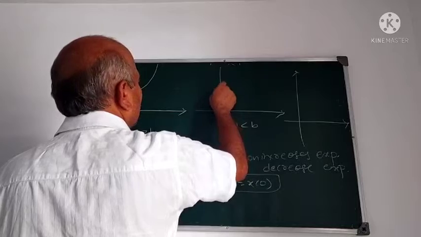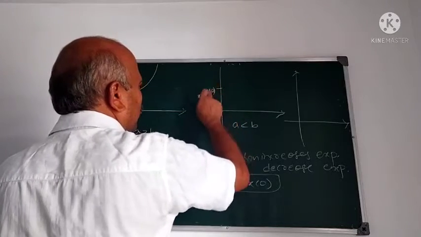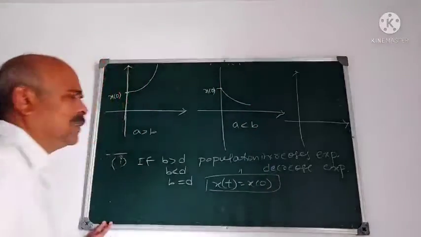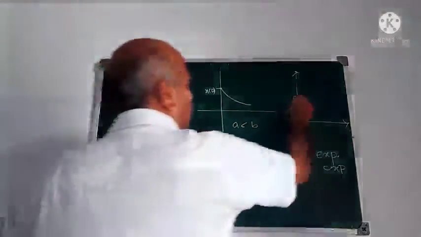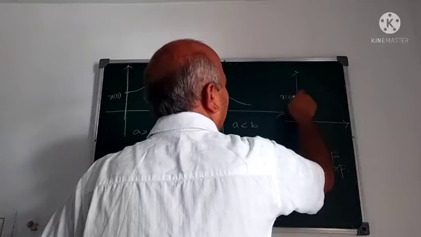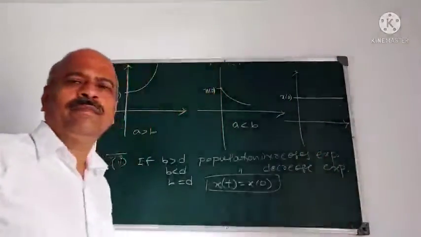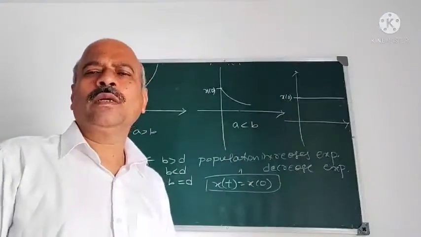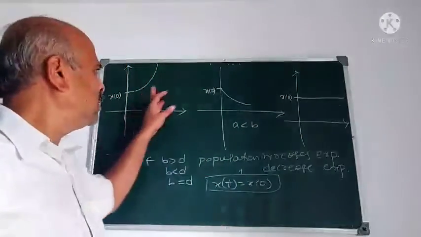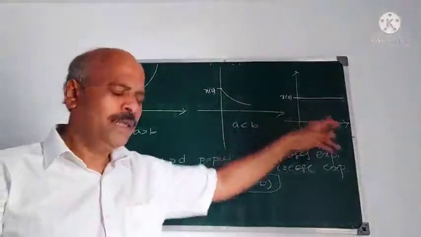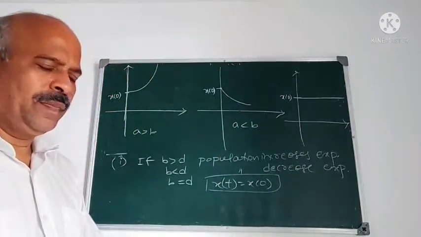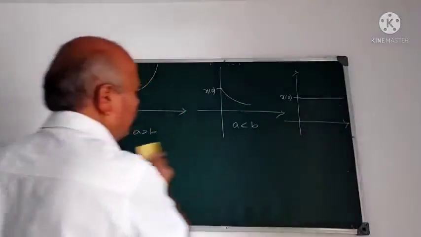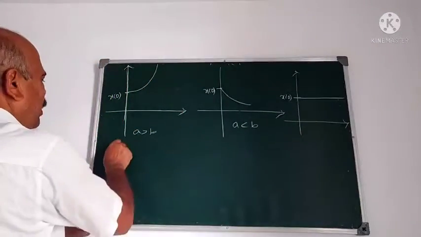This is x0, the present population at a given time. At any time it decreases like this. Decreases exponentially. Suppose this is x0, then population remains the same, constant. This is called the population curve. Increases, decreases exponentially, remains constant. Now, one important concept here, doubling time.